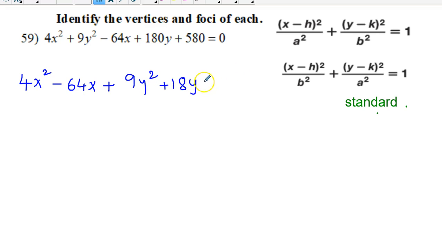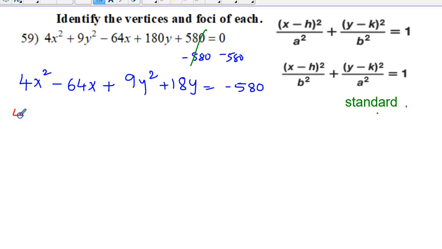If I subtract 580, because I'm looking for a number on this side, not 0, I'll just cancel it off here. 580 gone, so you're left with negative 580 on the right hand side.